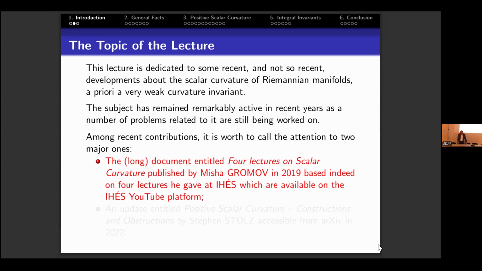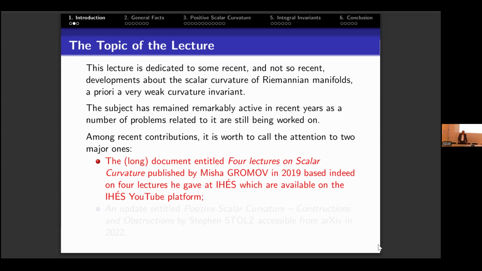There's also a long text attached to it. And even more recently, Misha has produced another 200-something pages on the topic. I asked him a question, he said, no, just wait a little bit. And next week, he sent me this 200 pages paper. That's the way Gromov functions.